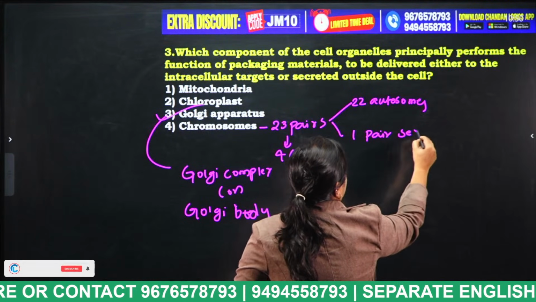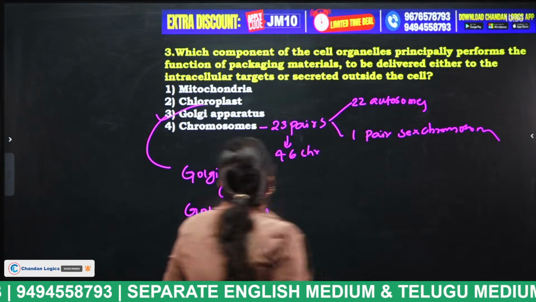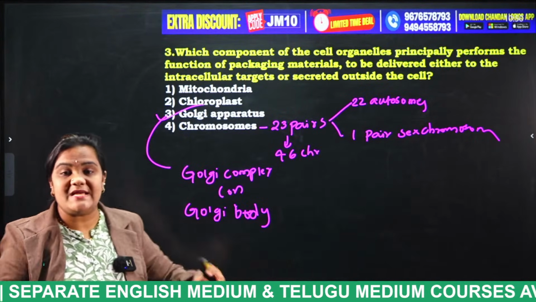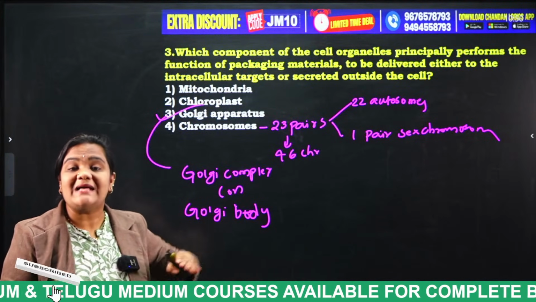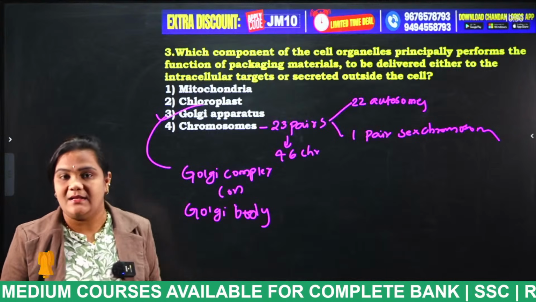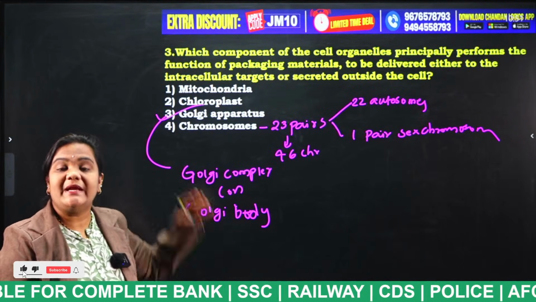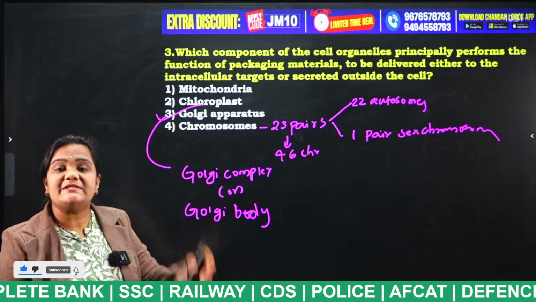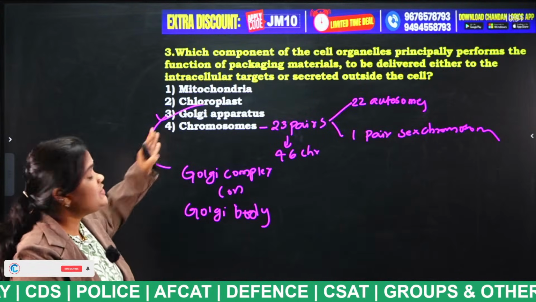Sex chromosomes. Next, chloroplast. Chloroplast is present in plants, and is considered the kitchen house of the cell. The photosynthesis process takes place where, students? In chloroplast. Next is mitochondria.